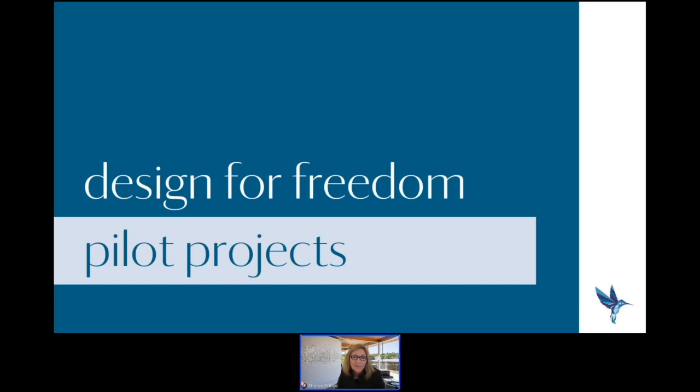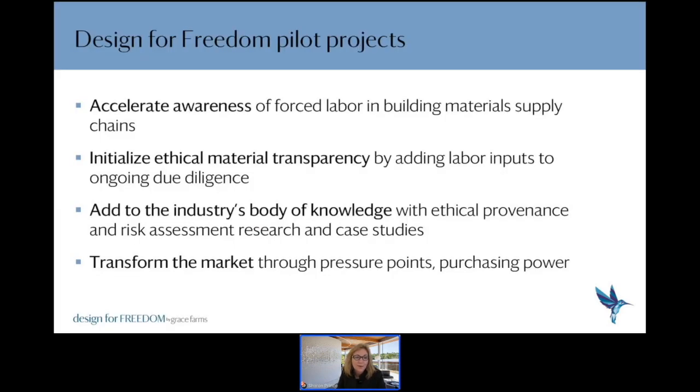And then again, the last thing is we want to show that this is actually putting into play this toolkit, how we're actualizing what we're advocating for. So these Design for Freedom pilot projects are accelerating awareness. They're initializing this transparency among big teams. That's what's super exciting, because there's a cascading effect in construction, unlike, I think, other industries.